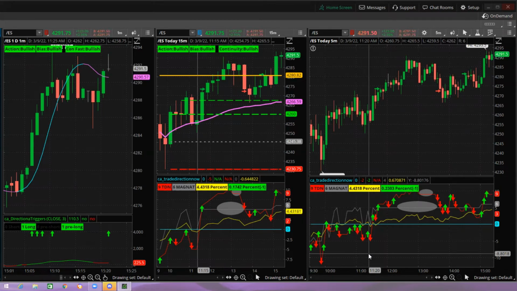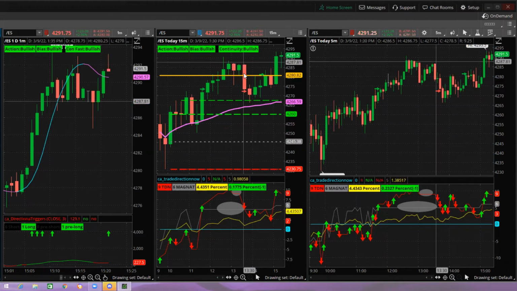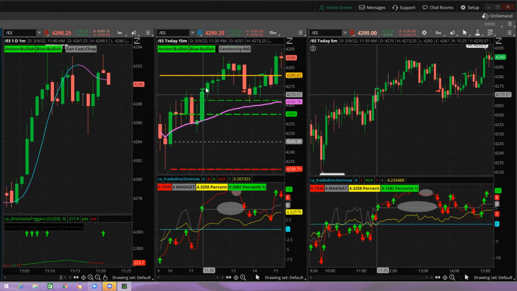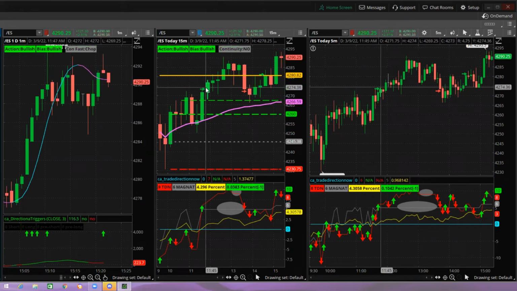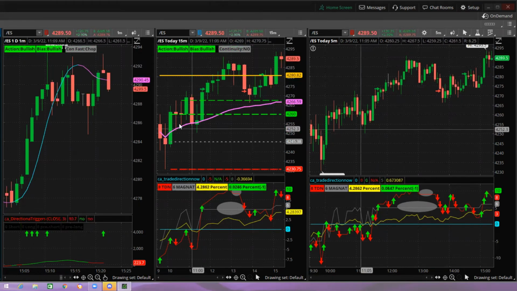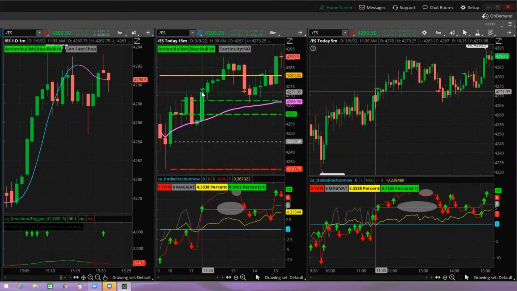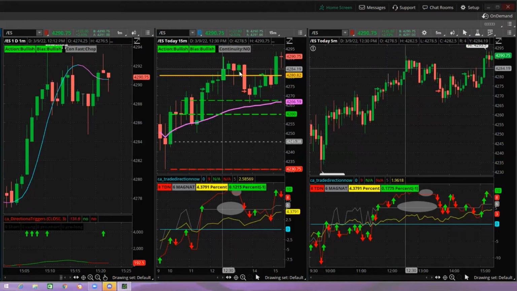Yeah. Today was probably the hardest day we've had with this system for a while, because of the size of the candles prior to the moves. These were tough spots to hold on to, because the range was so big compared to what the day was doing before the actual trade triggered.